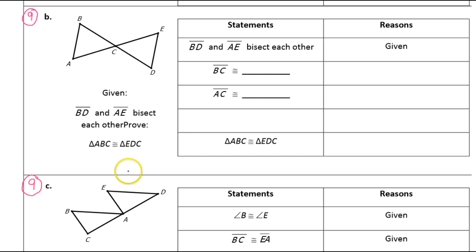All right, moving on to number 9, part B. We are given that BD and AE bisect each other. That means they cut each other in half. So that means that BC will be congruent to CD, and that AC will be congruent to CE.